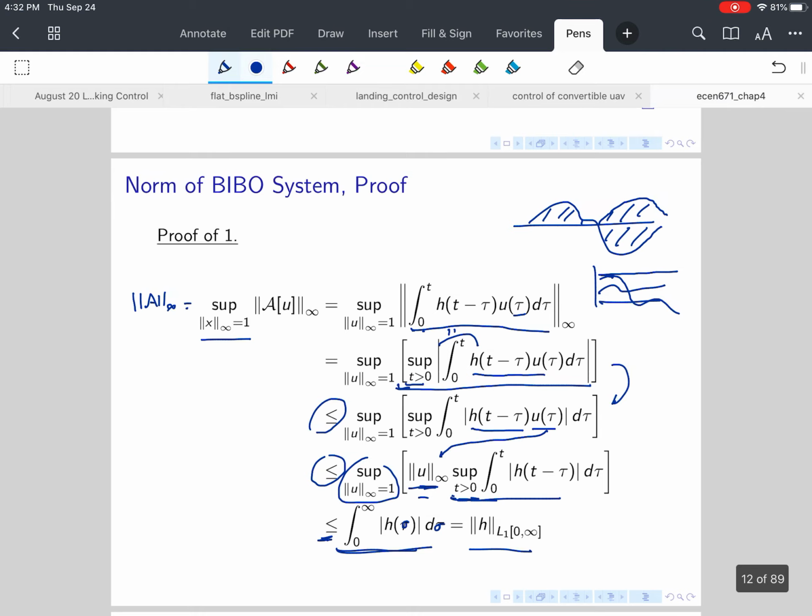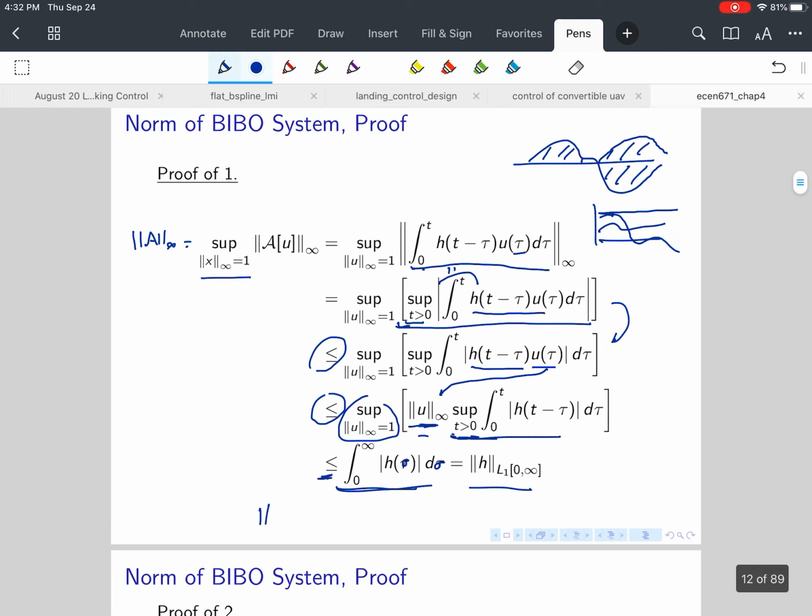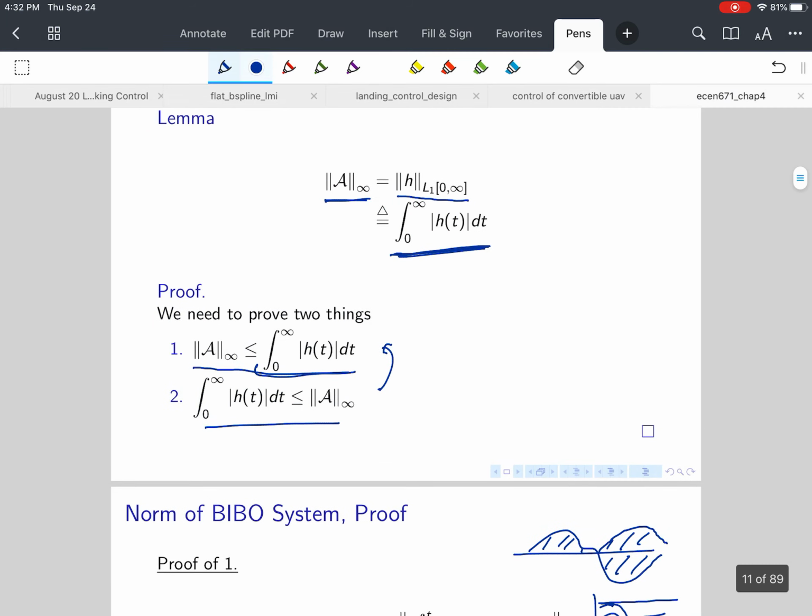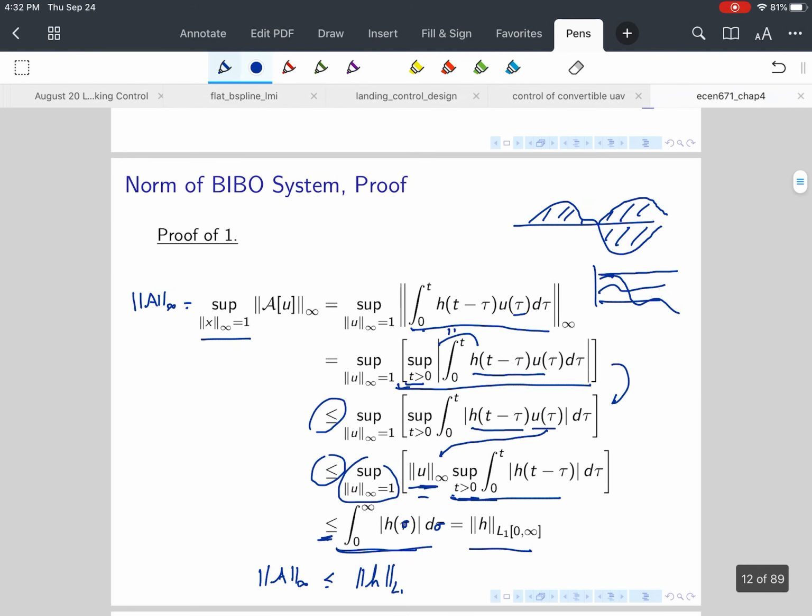Well, that's just the L1 norm. So we've shown now that the infinity norm of y is less than or equal to the L1 norm of h. Okay? So we've shown that guy. And we did it by just doing essentially a bunch of inequalities.